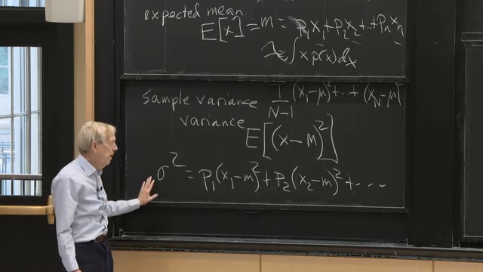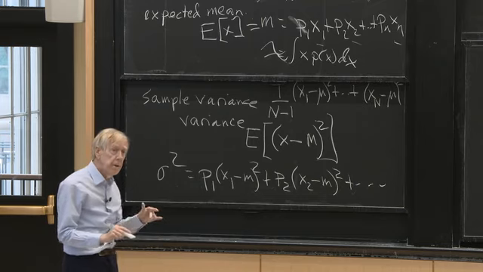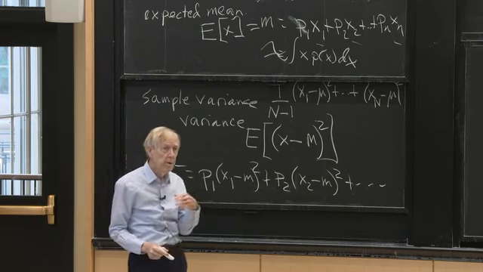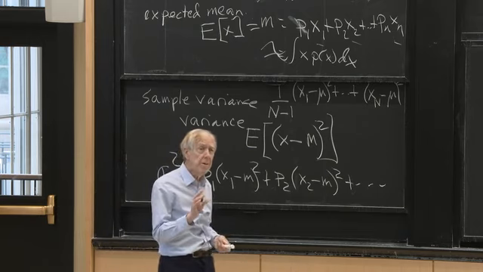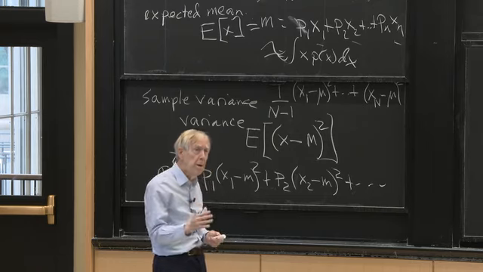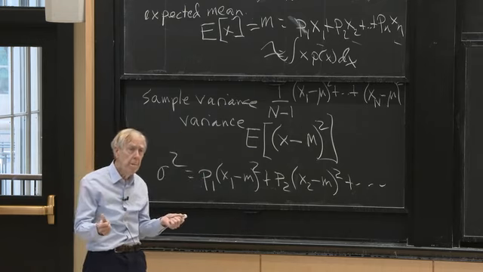Okay. Now, 2 minutes left is enough to say a few more words about covariance. Oh, to get to covariance, I really have to speak about joint probabilities. That's a key idea, joint probabilities. So I'm doing 2 experiments at once.